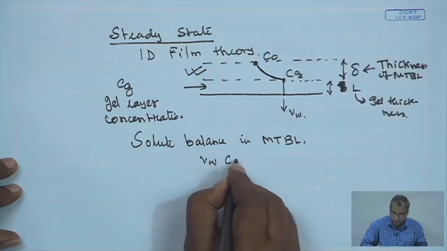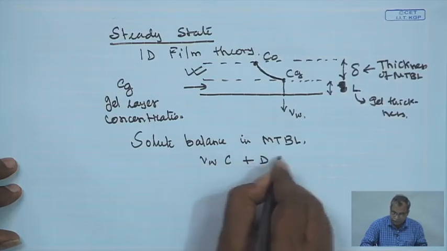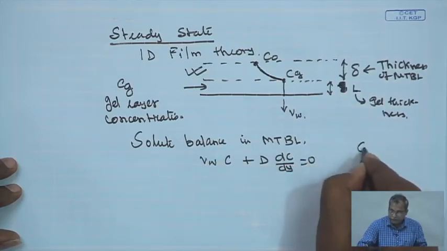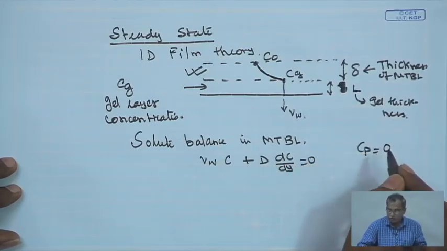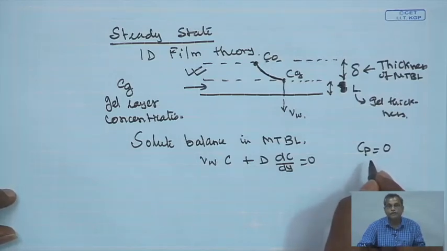If you write a solute balance in the mass transfer boundary layer, then we get Vw C plus D dC/dy equal to 0. There is no solute in the permeate stream in this case, because in most cases the gel forming materials are larger in size with larger molecular weight, and they are typically retained by the membrane surface, so the permeate concentration is 0.